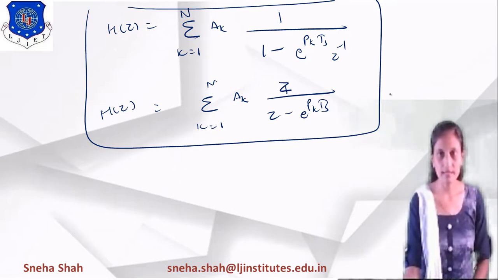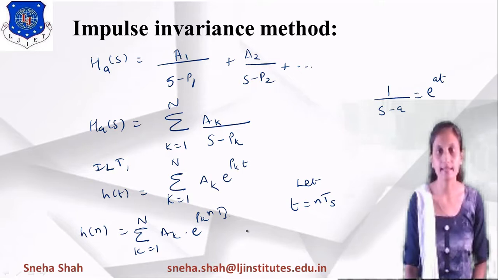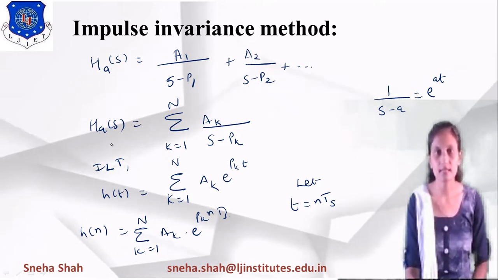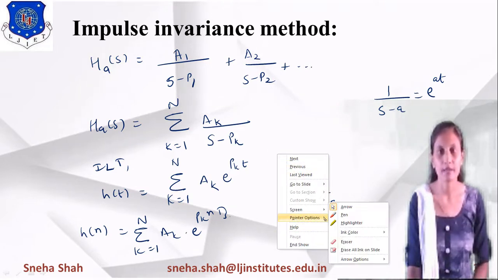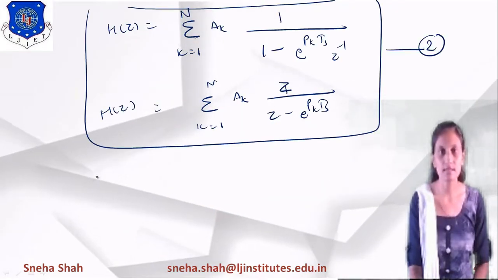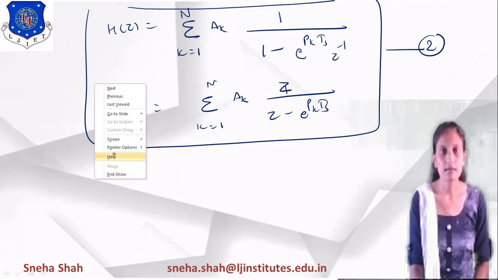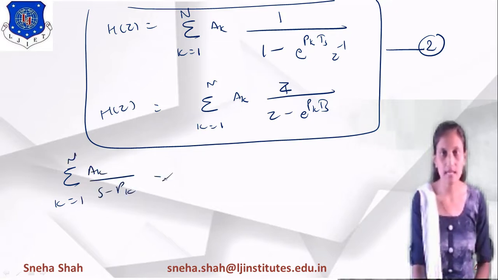Now this term is considered as equation number 2, and we had derived equation number 1 like this. This one is equation number 1, right? Because it is represented in the analog form. So if we are equating this equation with equation number 2, then what will be the equation? The equation will be summation k equals 1 to n ak upon s minus pk equals this equation.